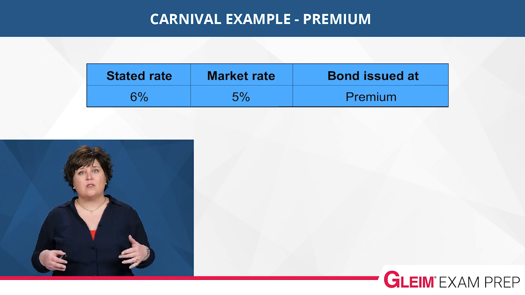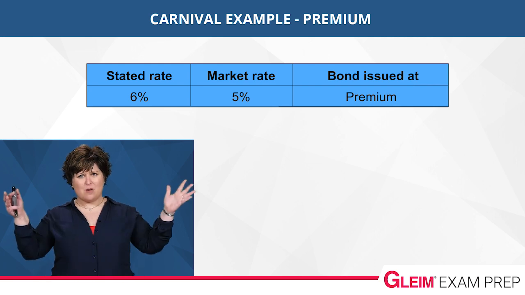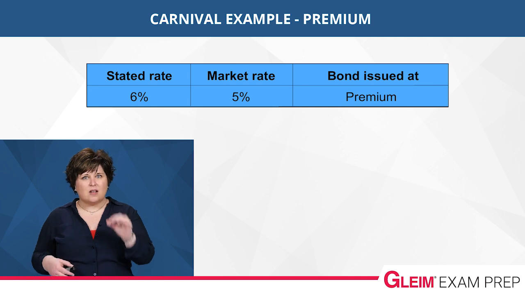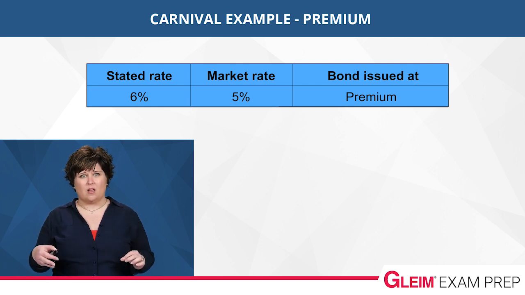Our bond will earn them 6% interest instead of the 5% available elsewhere in the market. So who wants our bonds at this carnival? Everybody wants our bonds. So when our stated rate is better than the market rate, we will be able to issue the bond at a premium, more than the face value.